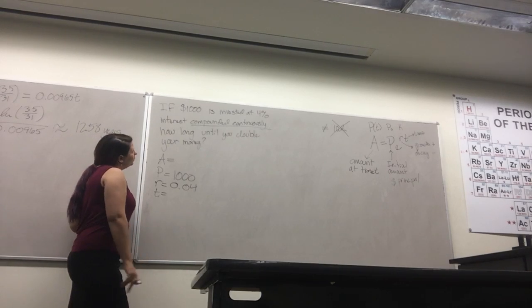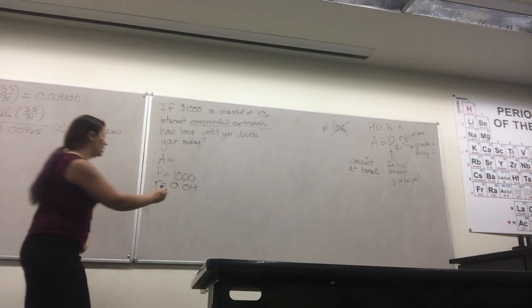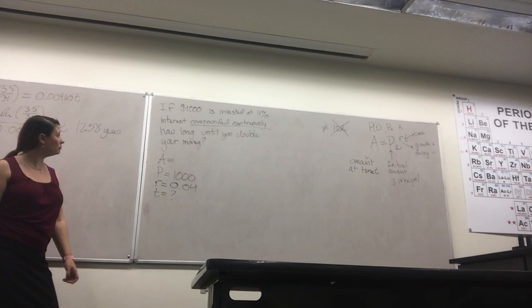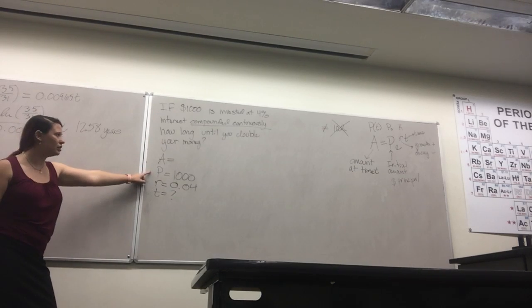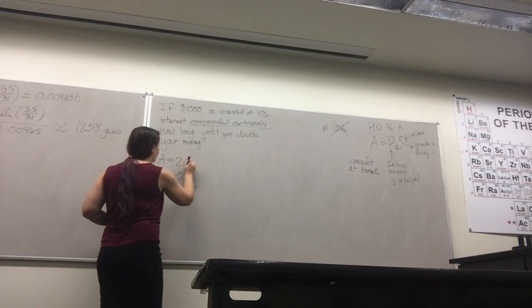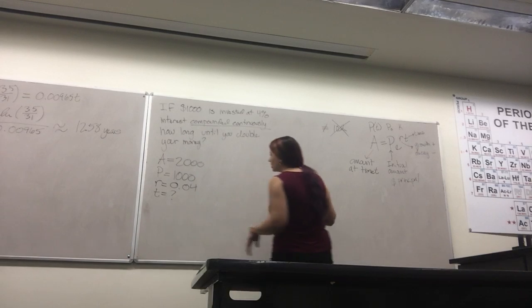Okay, now what else did they tell us? They told us A, because they want to know how long, so that's what they want to know, how long until you double your money. Well, if we start with 1,000, then that means we want to end up with 2,000. I mean, we could go for more, but that's what they want to know for this question.